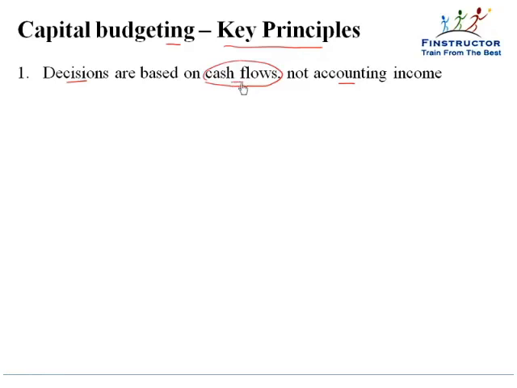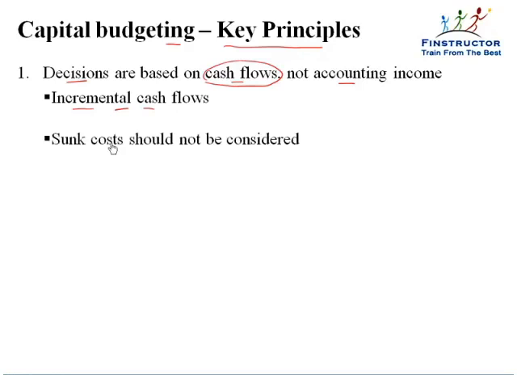And when we are studying cash flows, we need to focus our energies on the incremental cash flows. So what has already come or what has already been spent does not matter. Incrementally, what will be the inflows and outflows is what I'm interested in. Sunk costs should not be considered.